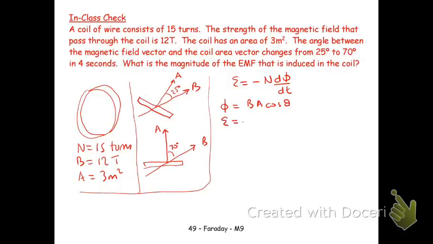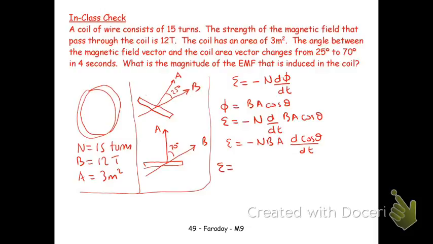So my EMF equals minus N d by dt of BA cosine theta. Now let's take out everything that's constant. So I have minus N, B is constant, A is constant. I have d cosine theta by dt.